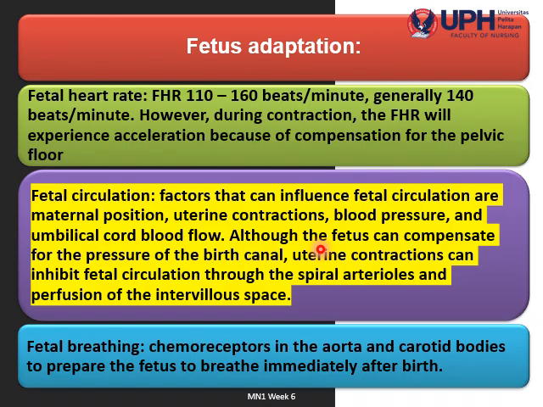And the fetus can compensate for the pressure from the birth canal. The uterine contraction also can inhibit the fetal circulation through the spiral arterioles and then perfusion of the intervillous space. So with the breathing of the baby, the chemoreceptors in the aorta and the carotid body will prepare the fetus to breathe immediately after birth.